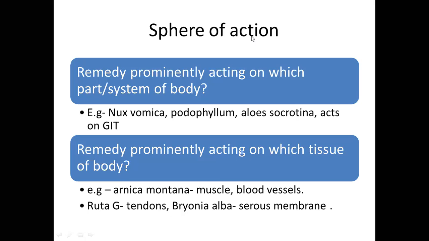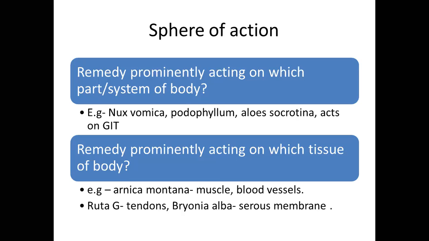Now few examples I have given. Arnica montana is more prominently acting on the muscles and blood vessels. Then Ruta graveolens is a medicine. It acts more prominently on the tendons, where the muscle fibers join together, they form tendon, and where they insert.